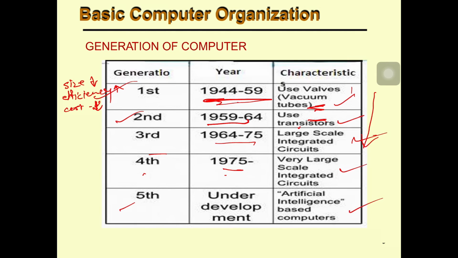They take less space and are quite efficient compared to the first generation. Then large scale integrated circuit chips were used, which are IC chips. It is the starting of IC chips, and the size decreases. Then very large scale integrated circuit chips were used, which reduce the size accordingly and improve the efficiency of the computer.